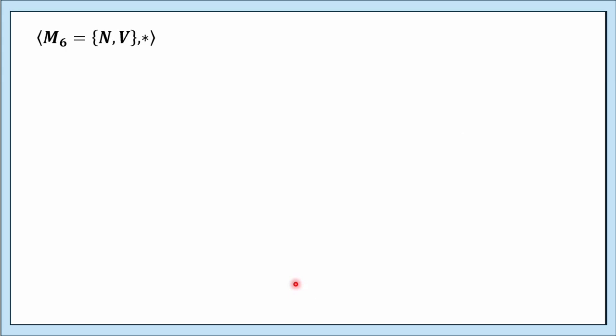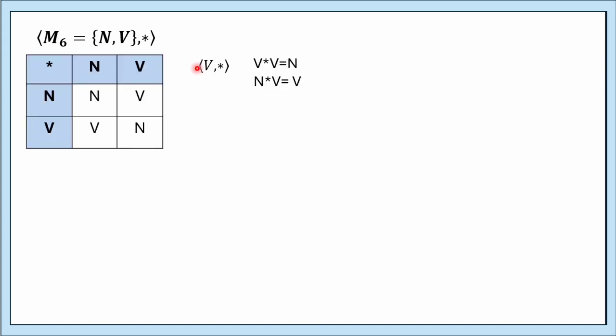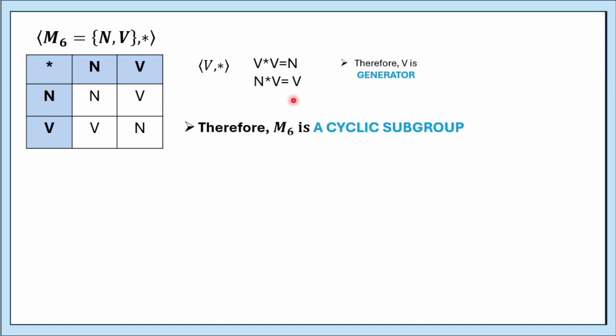Next, we have M sub 6 is equal to the set of N and V under the binary operation star. So we have V star V is equal to N, and N star V is equal to V. Since V generates all the elements of the set, V is a generator, and therefore M sub 6 is a cyclic subgroup.